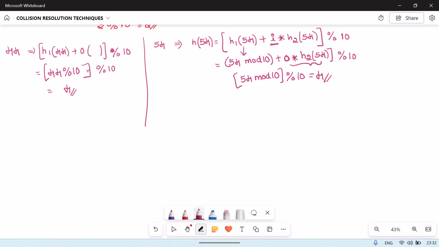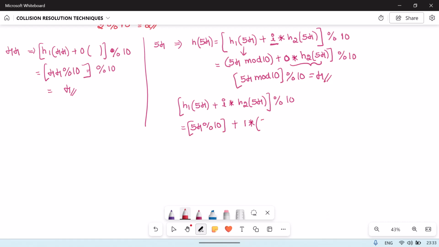So now what you have to do, if you have understood the step, is I has to be incremented by 1. So it is H1 of 54 plus I times H2 of 54, mod 10, which is equal to 54 mod 10 plus 1 times, here it is prime minus K mod prime.